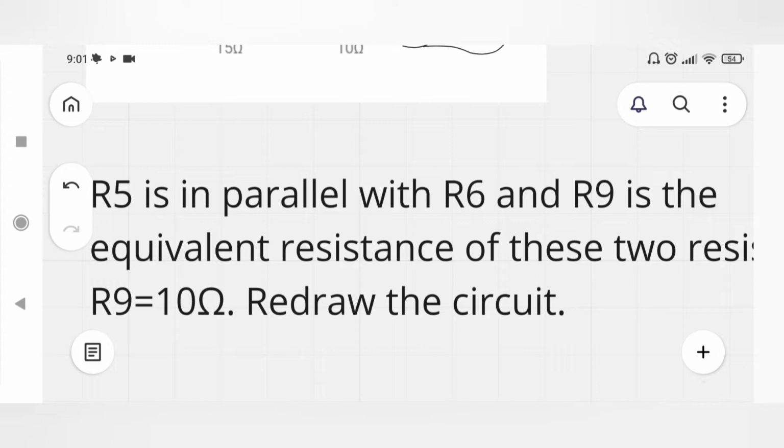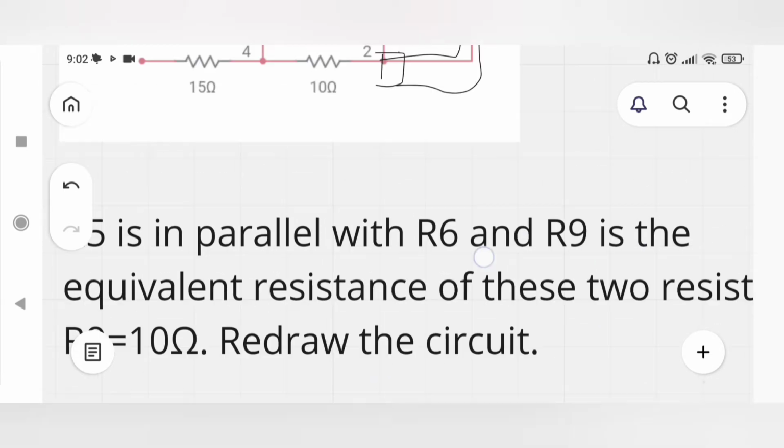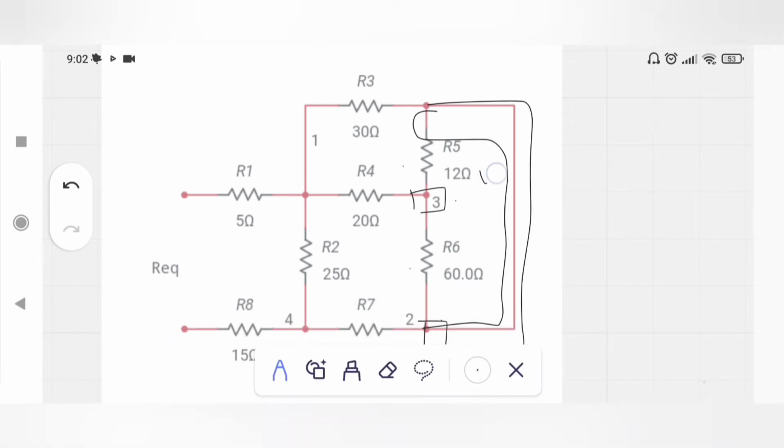R5 is in parallel with R6, and R9 is the equivalent resistance of these two resistors, and R9 is equal to 10 ohm. So we can replace these two resistors R5 and R6 with a single resistor which I call R9, equal to 10 ohm, and it will be like this.